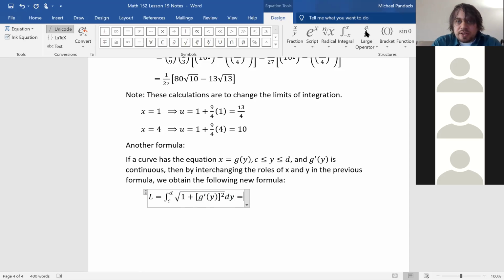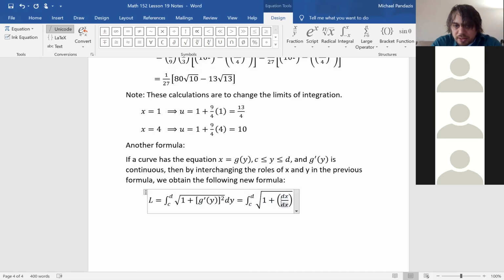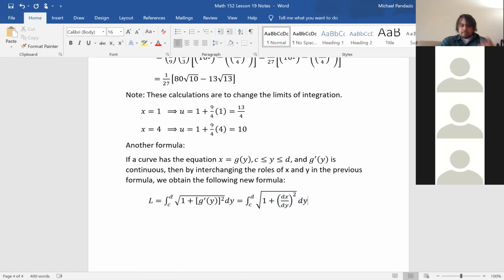And using Leibniz notation, this is equal to the definite integral from c to d of the square root of 1 plus dx dy squared dy. Okay, so this is another formula.